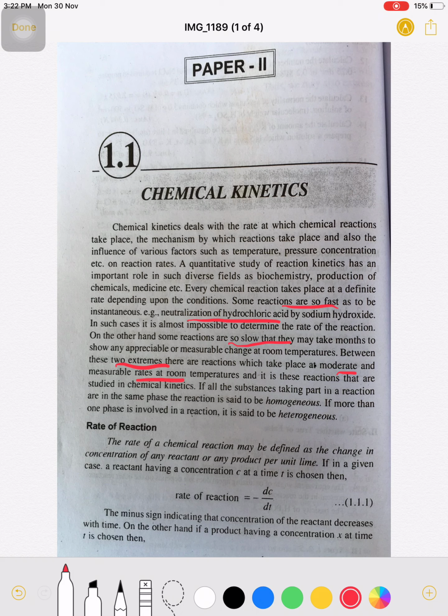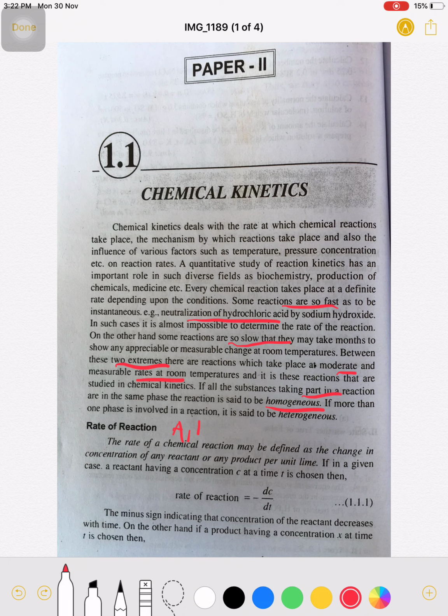If all substances taking part in a reaction are in the same phase, the reaction is said to be homogeneous. Means what? See here, suppose reactant A and reactant B, these two reactants are in liquid phase. Therefore the reaction of such molecules is known as homogeneous because these two are in the same phase.